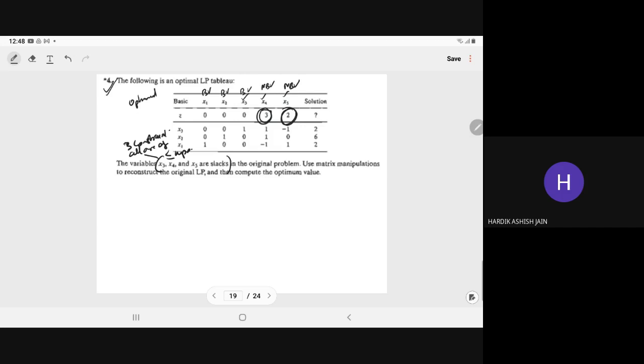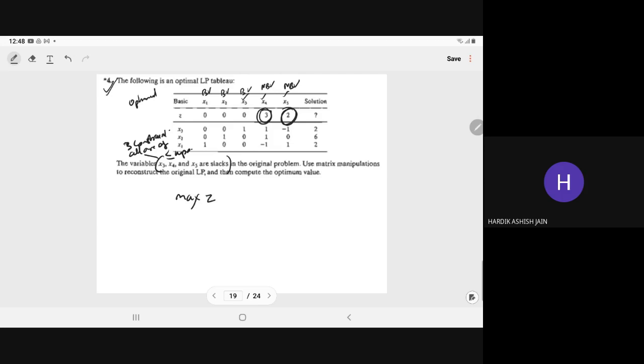So what should be the nature of the problem when the z coefficient is positive in the optimality condition? The problem is of maximization.